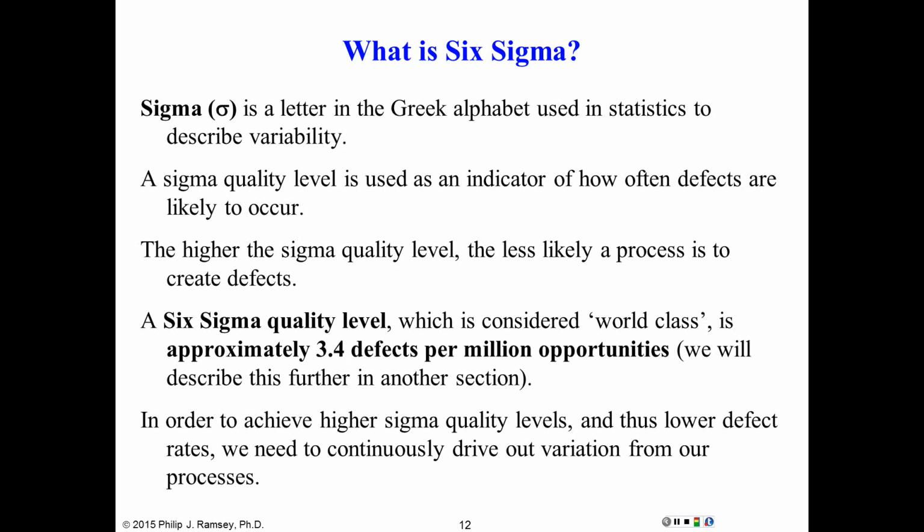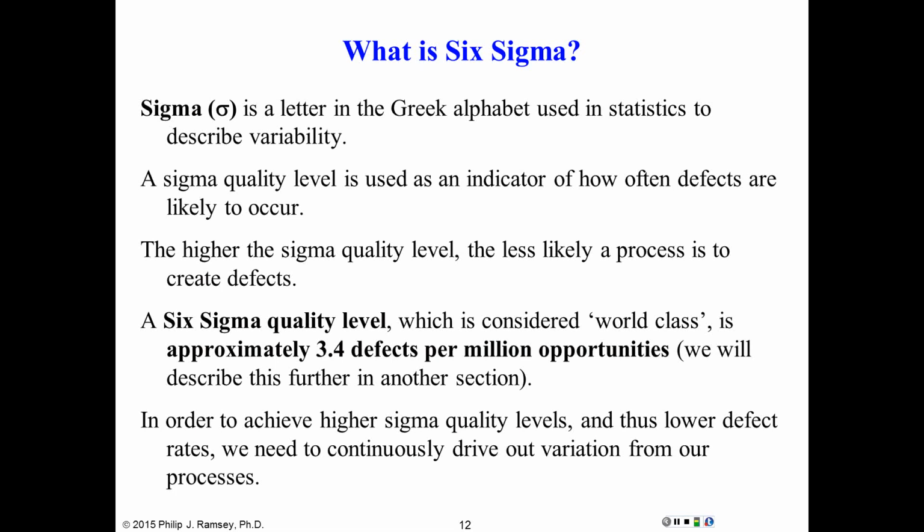And the six actually comes from the fact that for a process to be of high quality, the specification limits should be 6 sigmas. And another word for sigma, by the way, is standard deviation. So I'll talk about that later for those who have no background in statistics, so don't worry about it.